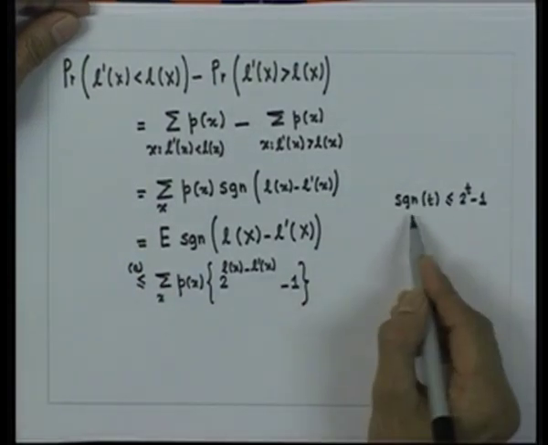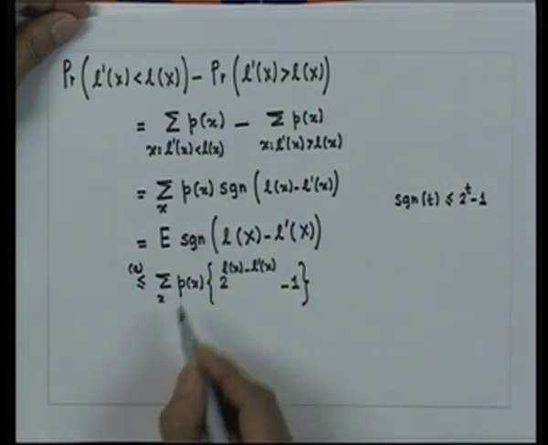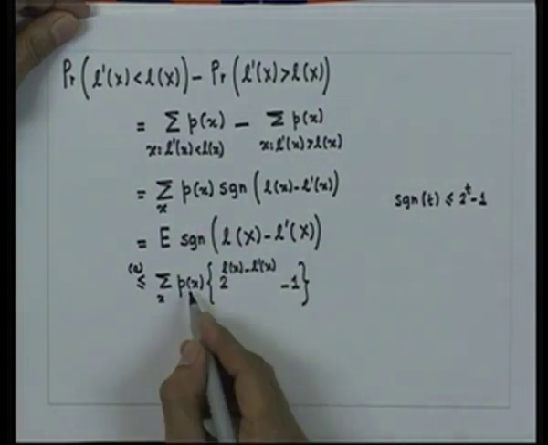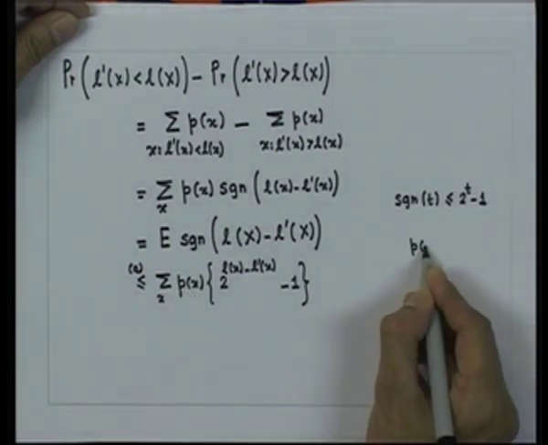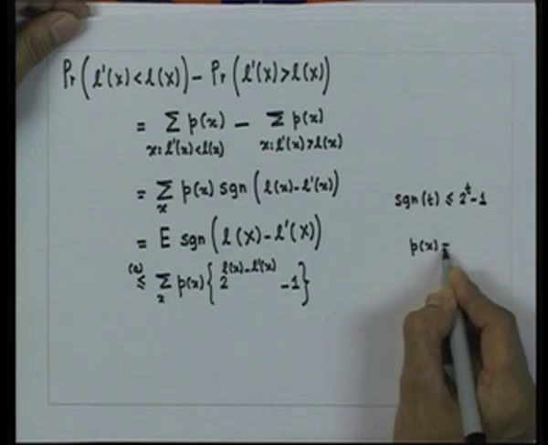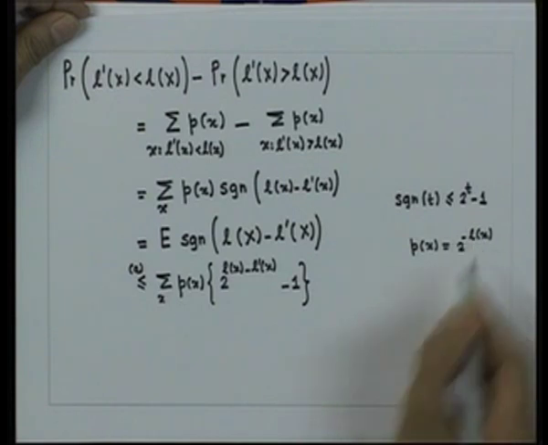Now, based on this we have come from here to here. Now, this I can simplify because my p(x), being a dyadic probability mass function, is nothing but 2 raised to minus L(x).